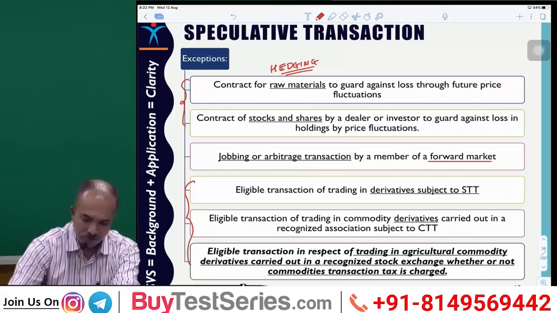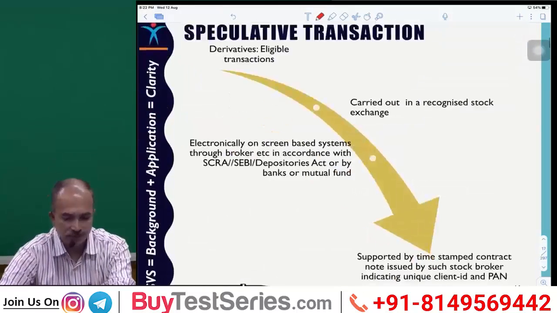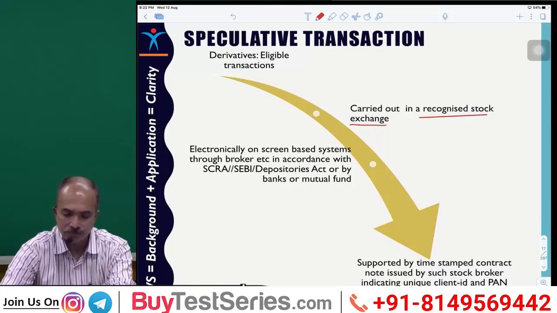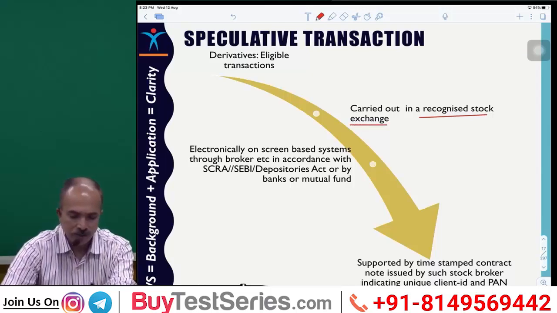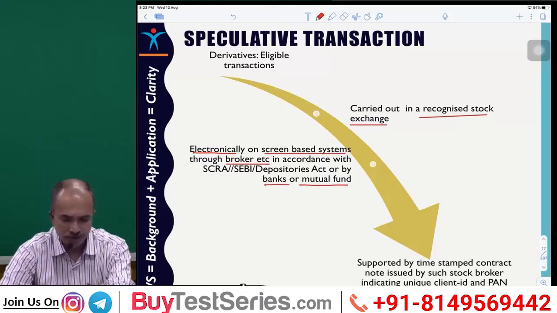Everywhere they have talked of the word eligible transaction, eligible transaction, eligible transaction. What is eligible? In case of derivatives, eligible transaction means what? Transaction is carried out in a recognized stock exchange. Today it is done through RSCs usually. Electronically, also automatically true. On screen-based systems through a broker who is registered, or the transaction is done by a bank or by a mutual fund.